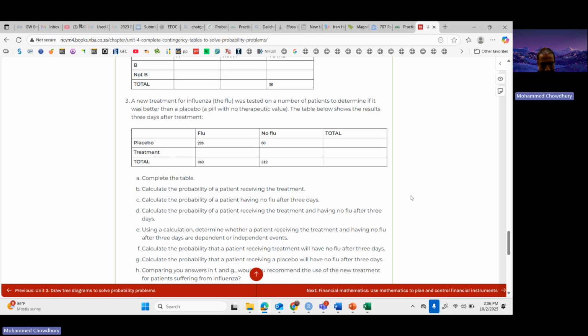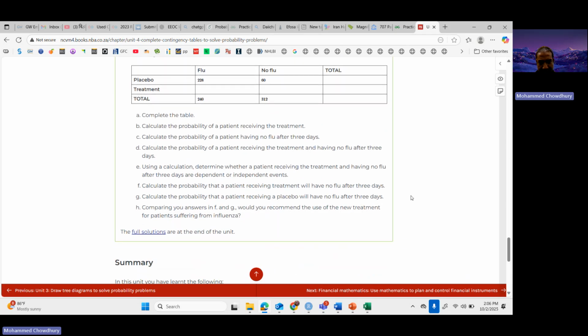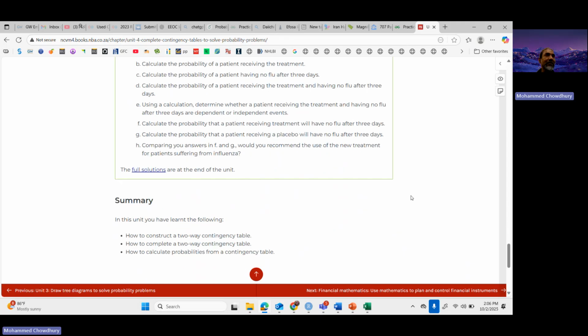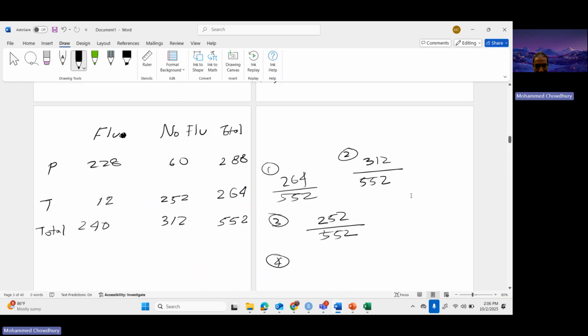Using a calculation, determine whether a patient receiving the treatment and having no flu after 3 days are dependent or independent events. Okay, so dependent or independent events, how can you check that? Like probability of A and B equal to probability of A times probability of B. This is the way. Okay. Yeah, right?